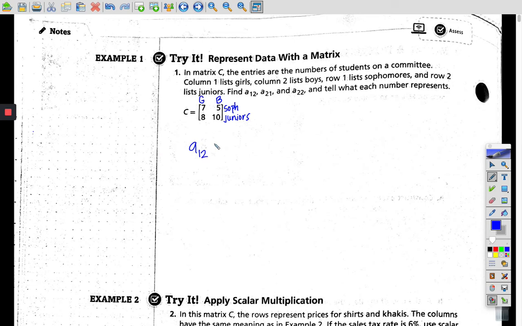So A subscript 12, A subscript 21, and A subscript 22. I want you to make yourself a note. Subscript lists row and then column.